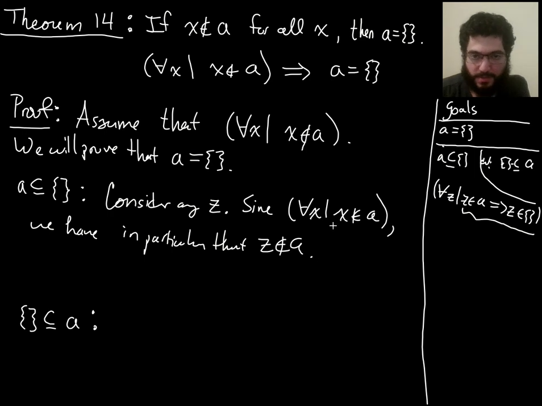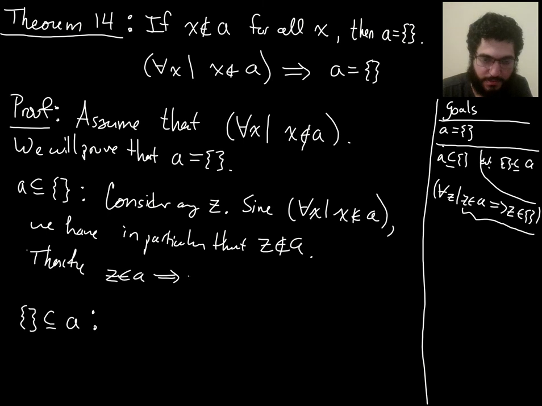Universal instantiation lets me conclude this with x replaced by anything I want. So I replaced x by z. Therefore, this implication, which has as its hypothesis z in A, is vacuously true.